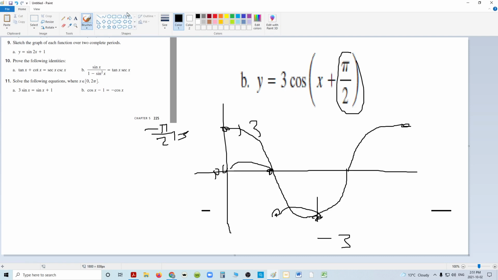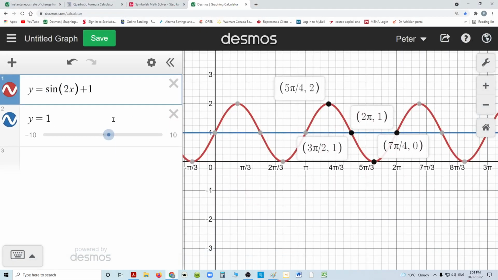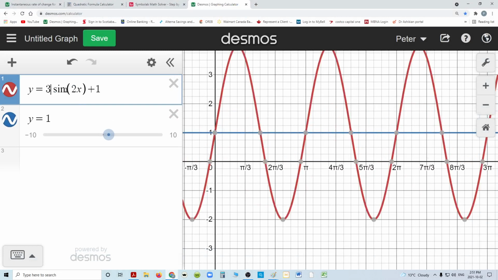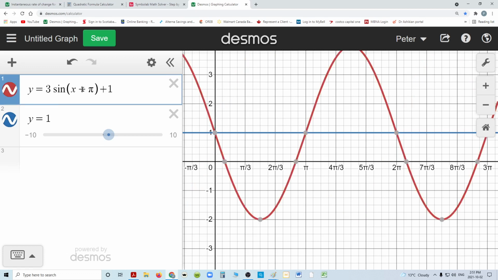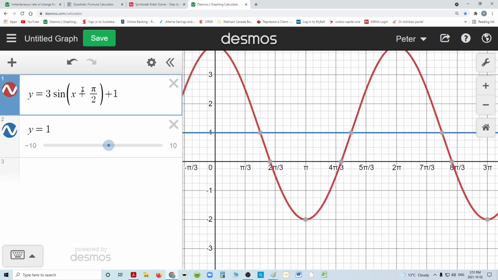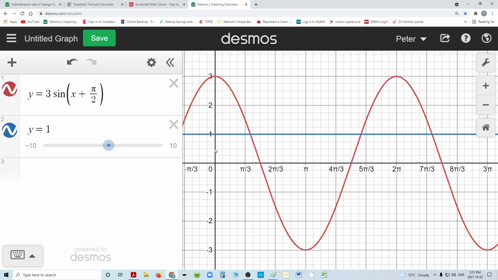So if I was to sketch it now, I would sketch it something like this, and repeat. Let Desmos sketch it better than me. There we go.